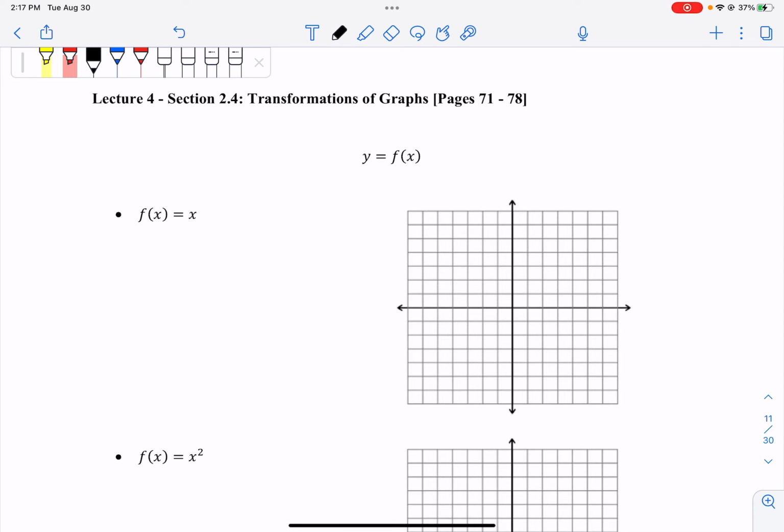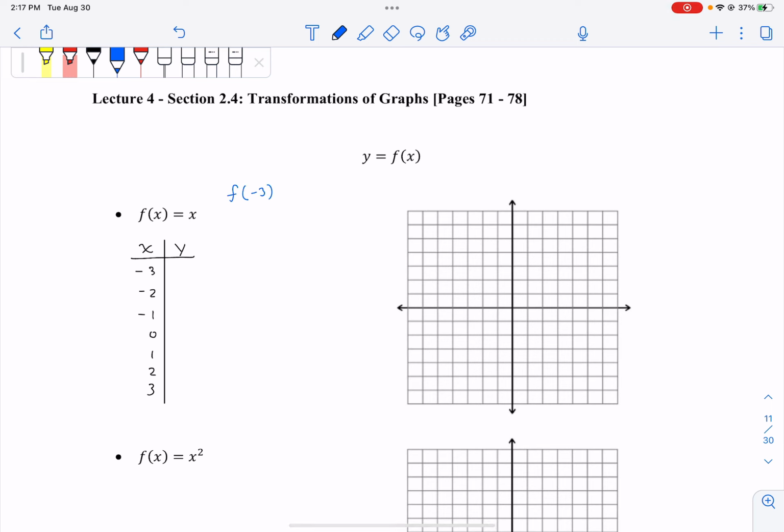Okay. So if I were to put a table x and y over here like this, let's say I have negative 3, negative 2, negative 1, 0, 1, 2, 3. What this means is if I plug in negative 3 into the x, what will my y value be?